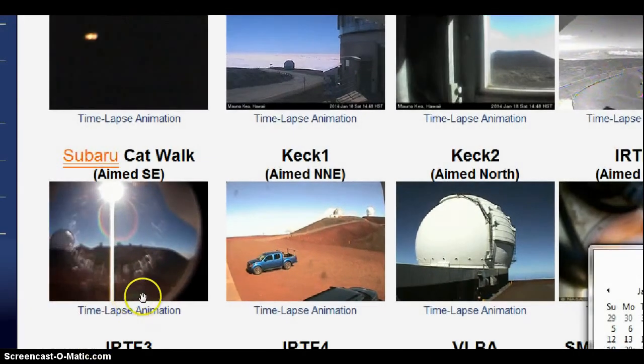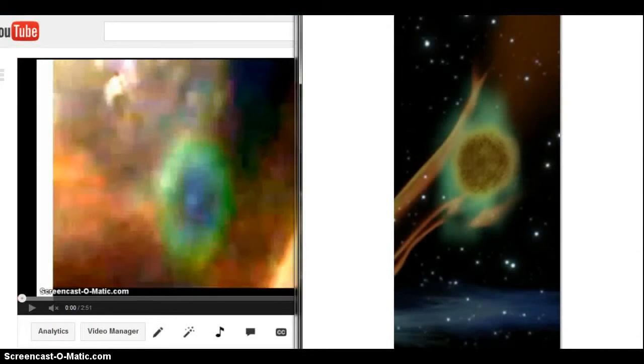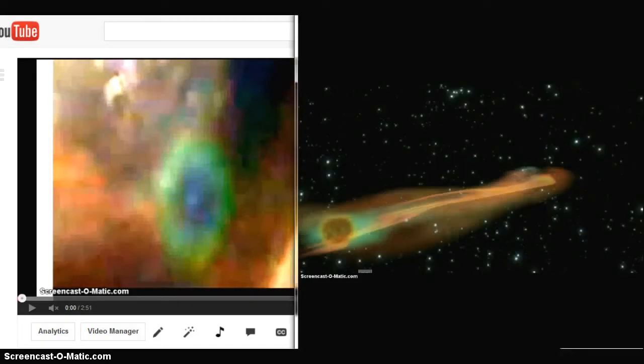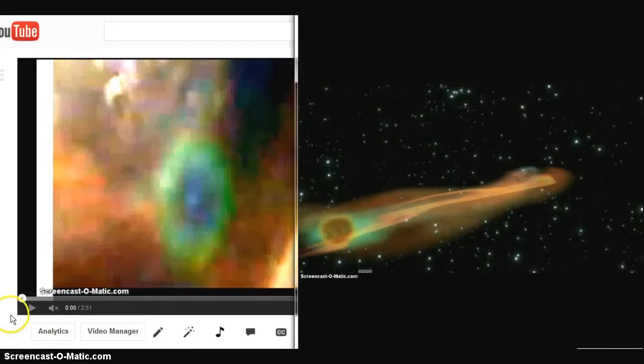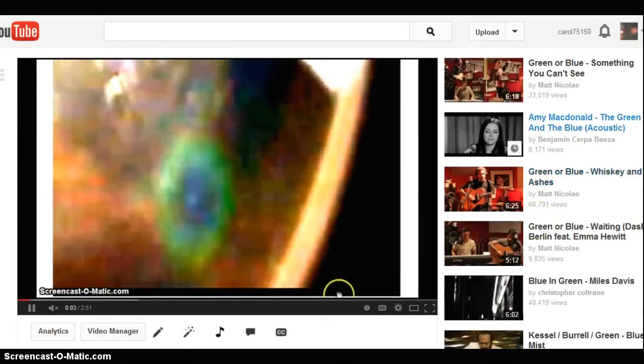This green thing at the bottom, I did a video about it in August, and then I was looking on Google and I saw this other picture that reminded me of it. There was a video associated with it, and I played them together and they look like the same object. So I thought, well, I'll study that a little bit more, and I'll put the videos side by side for you to watch here so you can see the similarities. There's that one. This one disappeared.